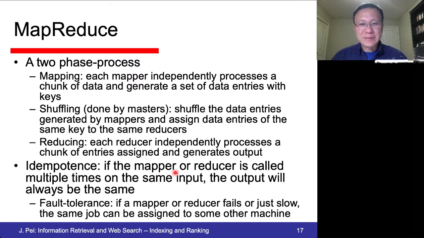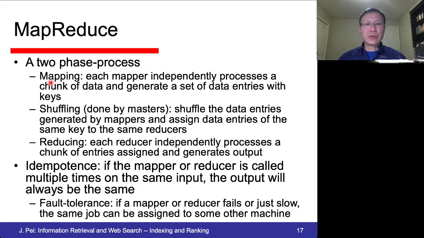You may wonder how those commercial search engines handle many documents and many queries. Indeed, they use one thing called MapReduce to process those documents. In case you do not know what MapReduce means, let me give you a very quick introduction to the MapReduce mechanism.